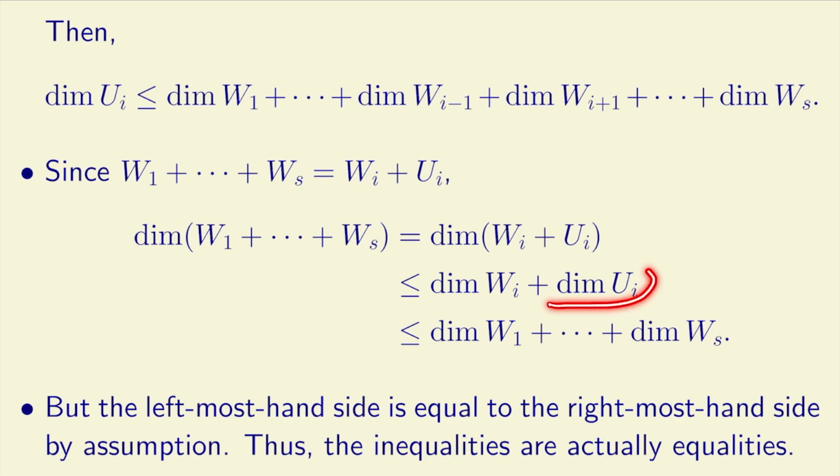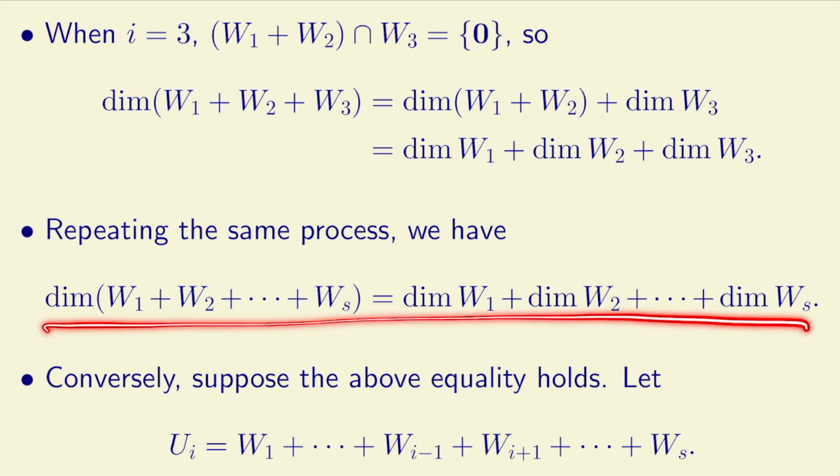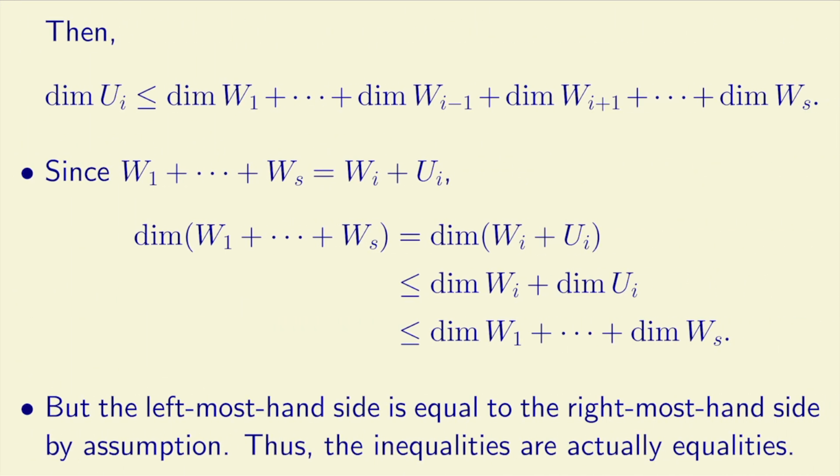And if we expand this part, then we have this. So it's the sum of dimensions of all the subspaces. However, we are assuming this equality. That means this left-hand side and this right-hand side, they are actually equal. So these are not really less than or equal to, but they are actually equal. In particular, this dimension is equal to this sum of dimensions.